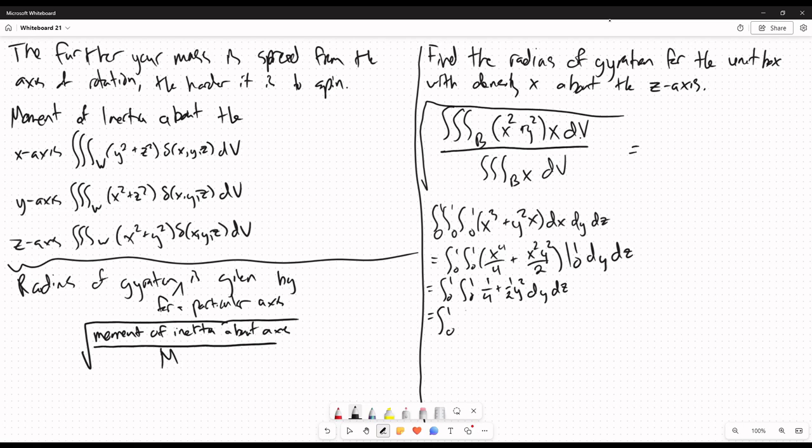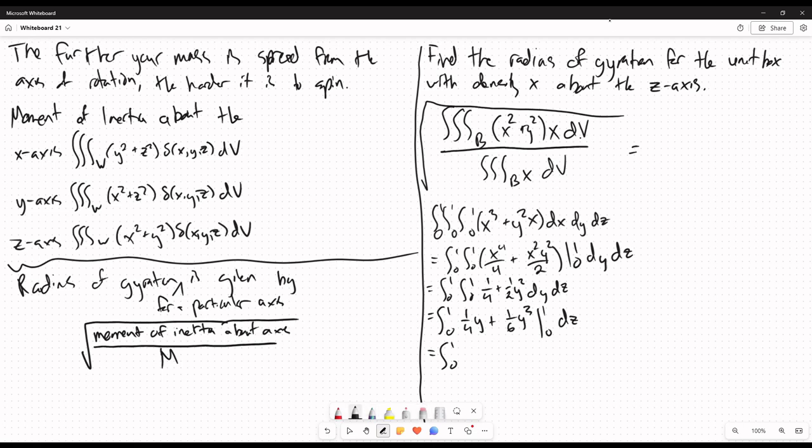This integral is just going to be 1/4 y plus 1/6 y cubed, evaluated from 0 to 1, dz. That's going to be the integral from 0 to 1 of 1/4 plus 1/6. 1/4 plus 1/6, I have to think about a little bit.